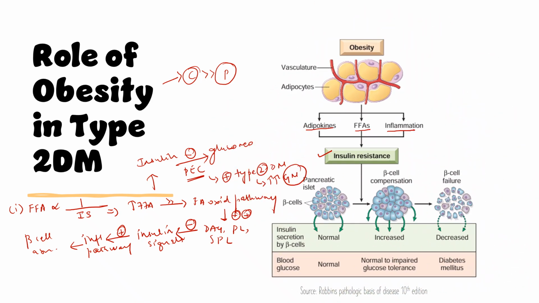Coming to the next factor, which is adipokines. Adipokines are nothing but adipose cytokines. So, adipose cytokines work very similar to cytokines. Either they initiate hyperglycemia or they act through two factors.